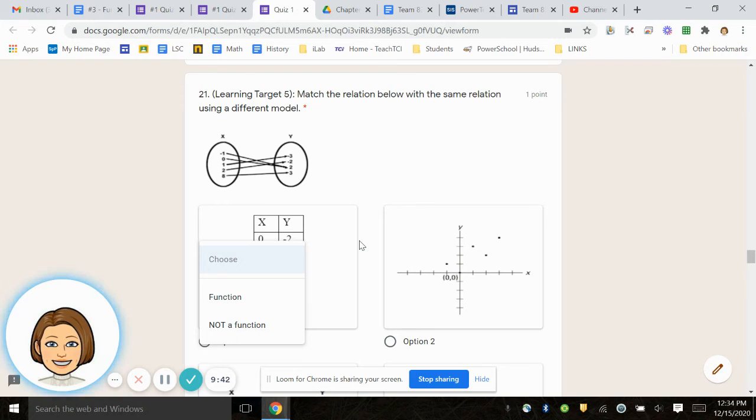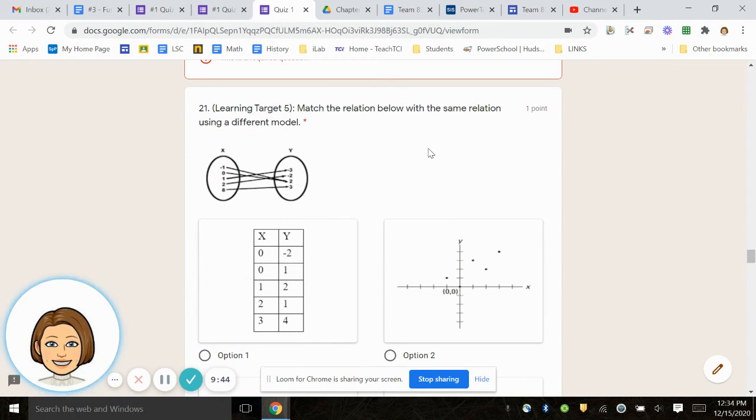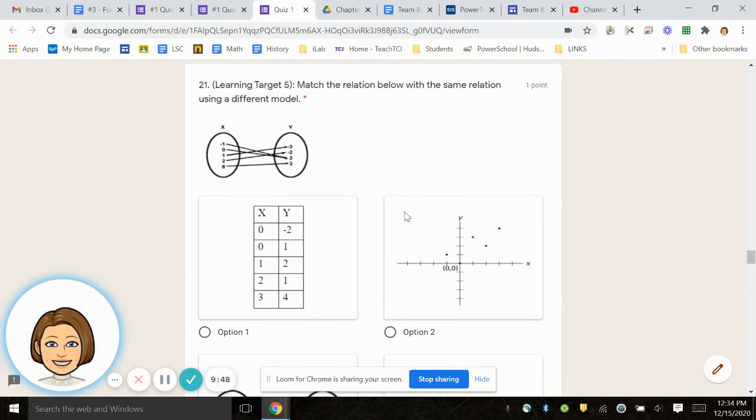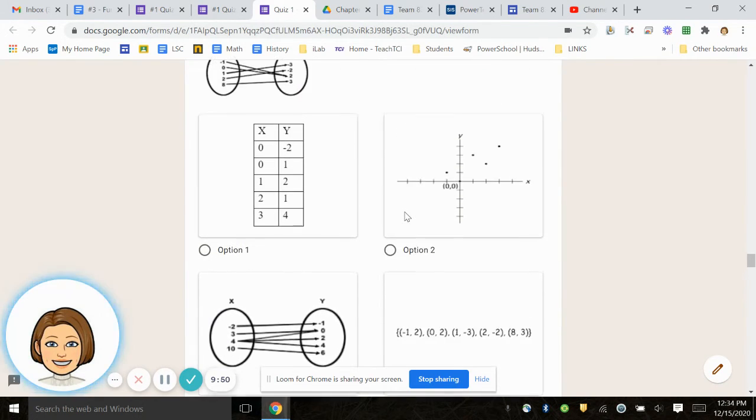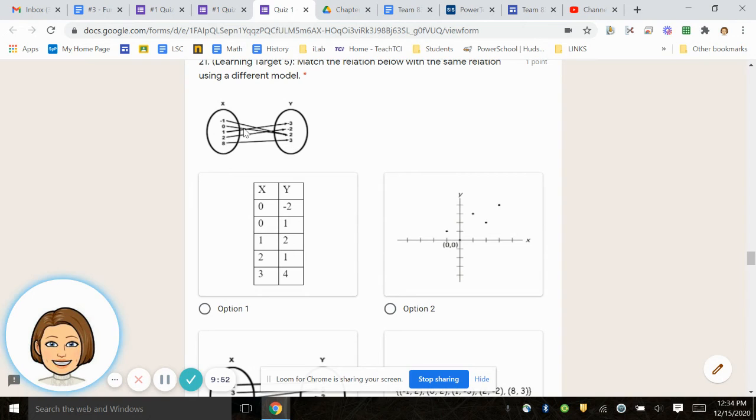Number 21, you are matching the relation below with the same relation using a different model. So you have options 1, 2, 3, and 4. Here you have a mapping diagram. You need to partner it up with another representation. So you can see -1 going to 2, 0 going to 2, 1 going to -3, 2 going to -2, and 8 going to 3.